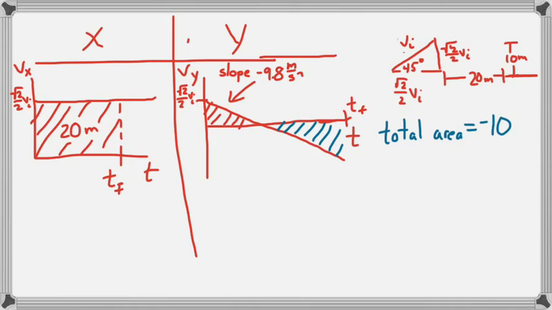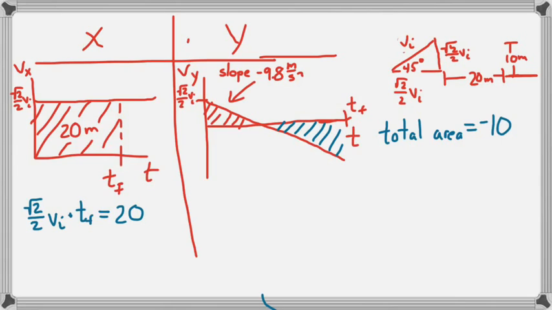So where do we go from here? Well, I know that this times my time equals 20 meters. So I could write root 2 over 2 v sub I times my final time, t sub f, equals 20.